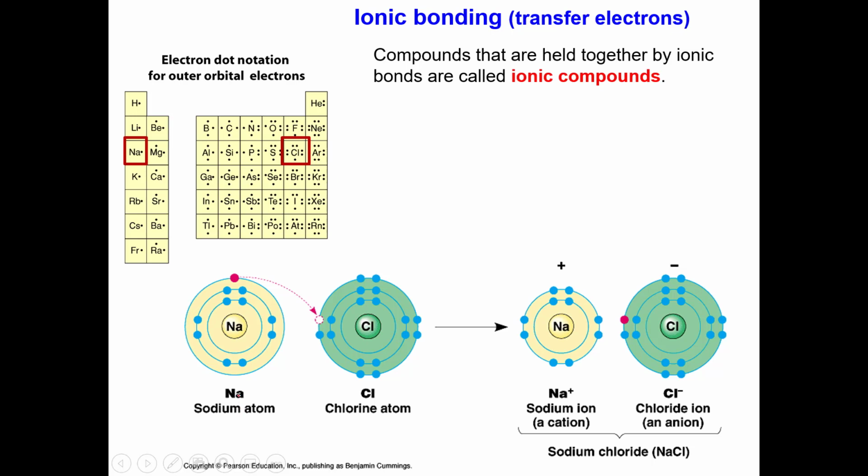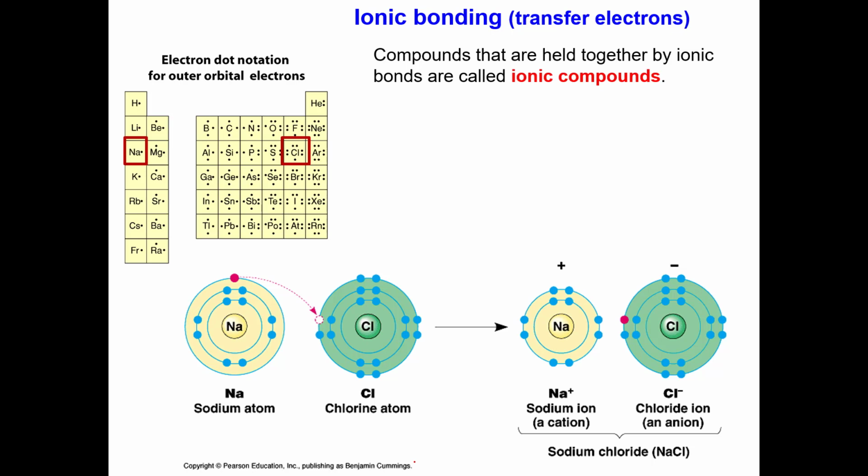Now what happened is sodium lost 1 electron and became a positive ion. This is the positive part. Then chlorine gained 1 electron and became a negative ion. Because these are unlike charges, they attract together and stick together by electric force.